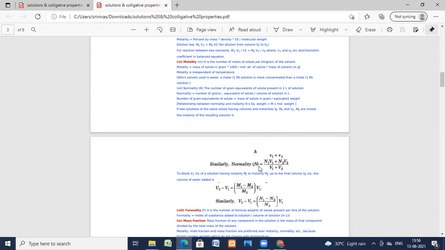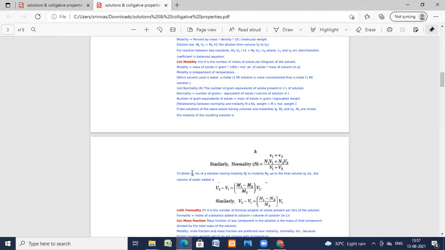Similarly for normality, when two solutions N1, V1 and N2, V2 are mixed, the final normality N is N1V1 plus N2V2 by V1 plus V2.